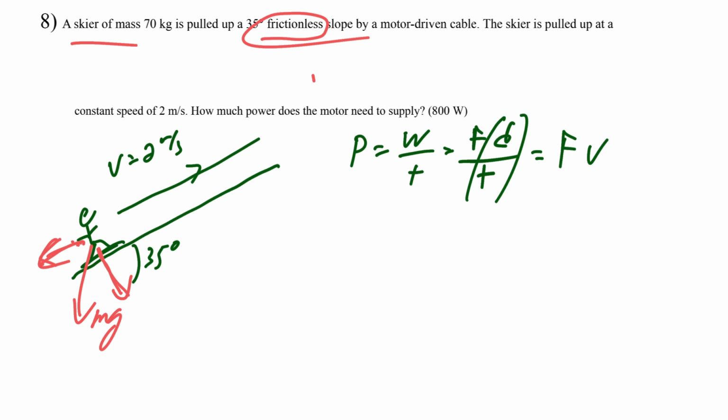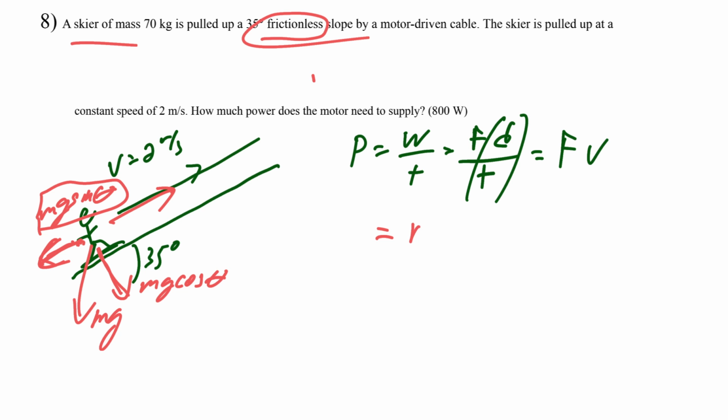The one going into it is mg cosine theta, and the one trying to pull us down is mg sine theta. If you don't know those, I'll link to a video on inclined planes, or just Google inclined planes. I've made plenty of those. So if gravity is trying to pull me down with that force, then I have to pull up with that same force if I want constant velocity.